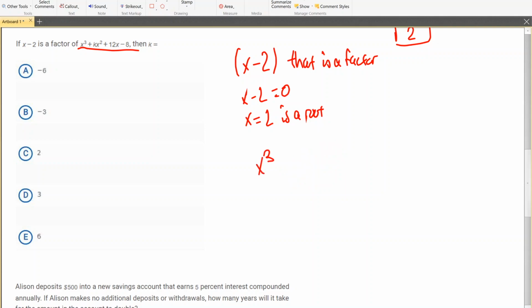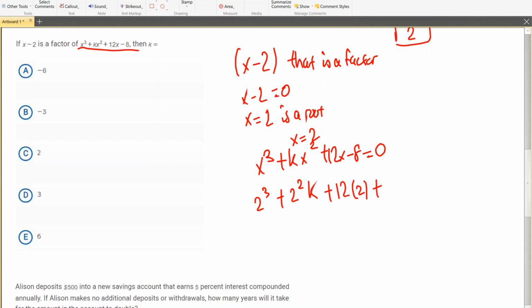So we set the original equation equal to 0, and we plug in x is equal to 2, since we know it's a root. So that'd be 8, let me just write everything out. Minus 8 equals 0.